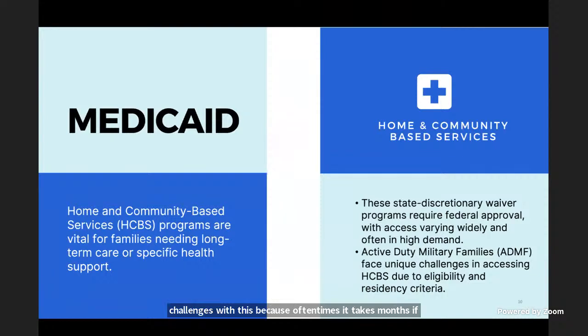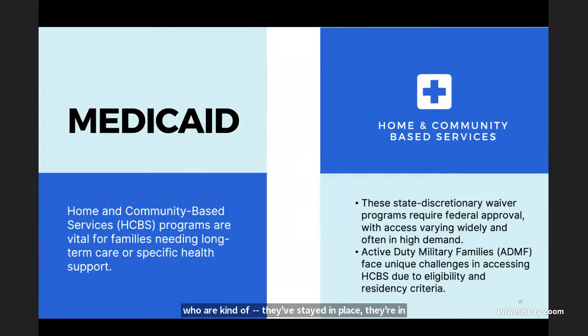And if one is PCSing or moving, they're going to have a difficult time achieving their residency, maintaining that residency, and being able to access this system. So many of you, I'm sure, are familiar with some of the challenges that are involved. And these are challenges, by the way, folks, faced by families who have stayed in place, they're in their own state, and they're not in the military, for many, many months.